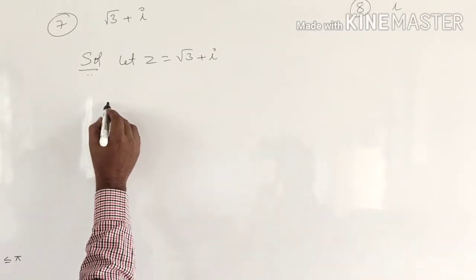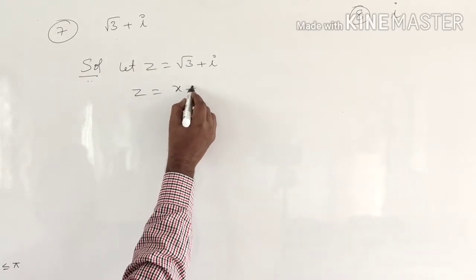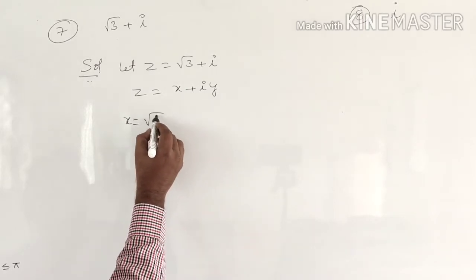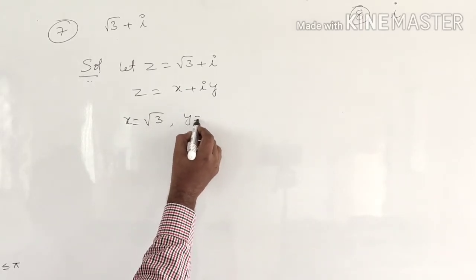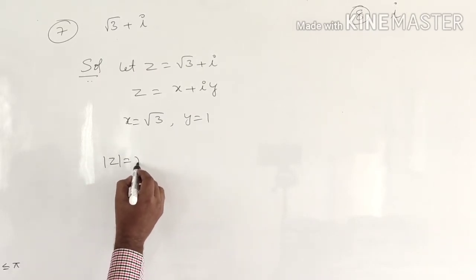So I can write here by comparison, this z is equal to x plus iy. The x value is equal to root 3 and the y value is equal to 1. So mod of z is equal to r.